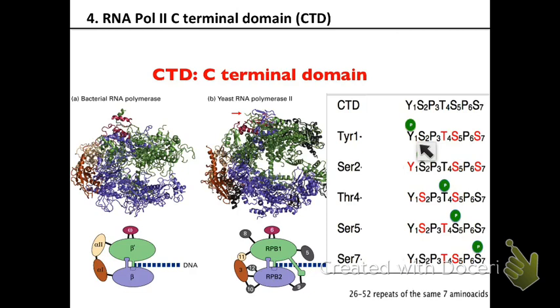And this was asked decades ago, when you could not actually look at this problem very easily, because they wanted to know if these phosphorylations are important for transcription or not. Okay?